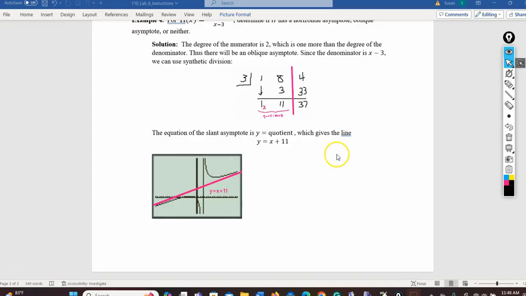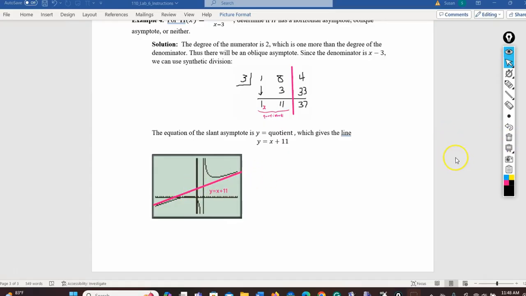I've put that equation into the graphing calculator. And so you can see it's what you have there in black. Of course, that's a vertical asymptote, which is not part of the function. And then I told the calculator to graph the line y equals x plus 11. And that's the line you see here that I've outlined in red. And that certainly does fit with it being a slant asymptote.